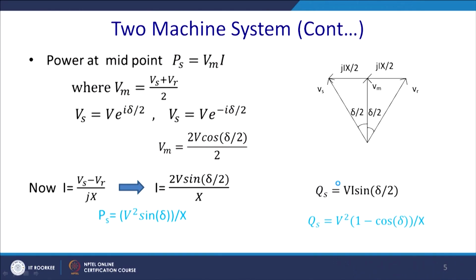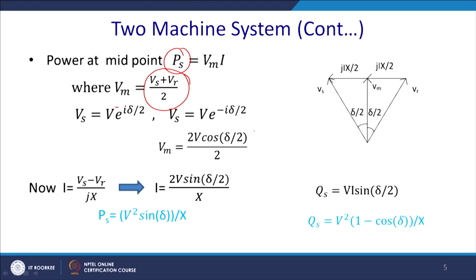Now let us see that at the midpoint, the power Pm should be equal to the sending end power Ps, that is Vm into I, where Vm is Vs plus Vr by 2, and we have assumed that Vs is at minus delta by 2.